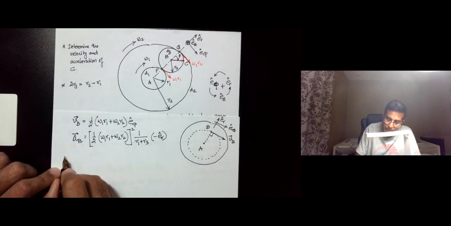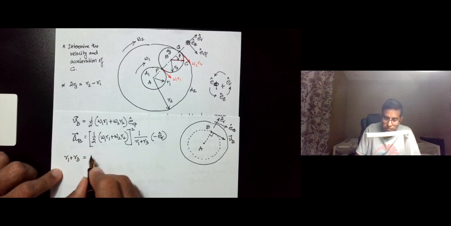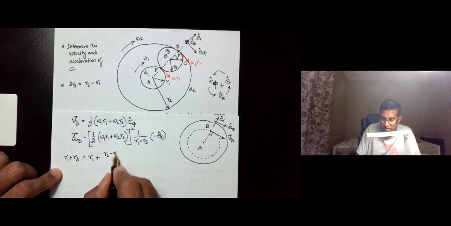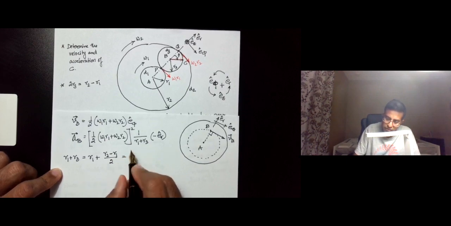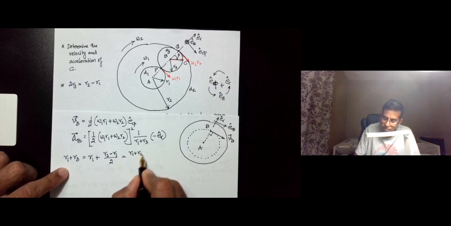Now note that R1 plus R3 is equal to R1 plus (R2 minus R1) divided by 2, which is equal to (R1 plus R2) divided by 2.